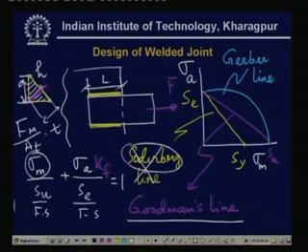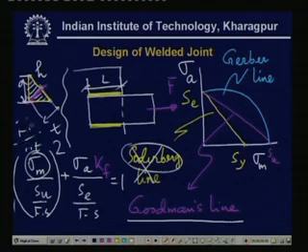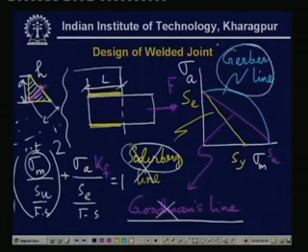When we have the Gerber's line, the equation is nothing but square of that. So let me erase all these unnecessary parts. So this gives not the Goodman's line but the Gerber line.